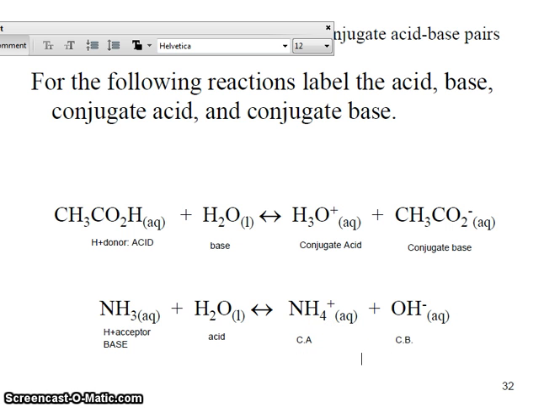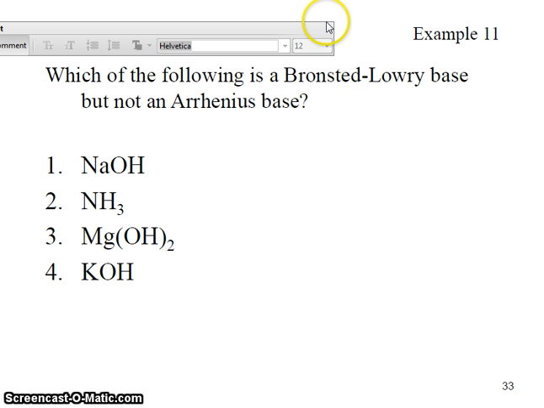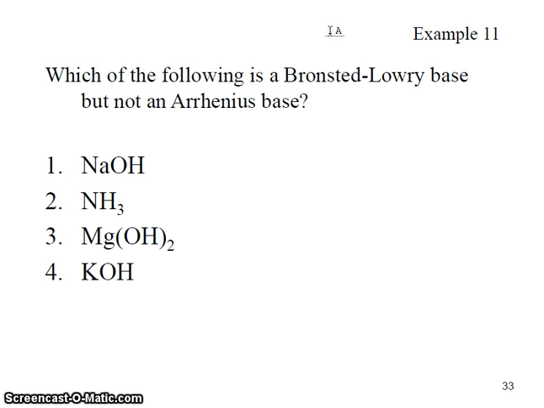Okay, let's go forward. The question here is, which of the following is a Bronsted-Lowry base but not an Arrhenius base? Recall, an Arrhenius base needs to be a hydroxide donor. A Bronsted-Lowry base is a proton acceptor. Now, if you think about it, ammonia is a Bronsted-Lowry base because it's able to accept protons.